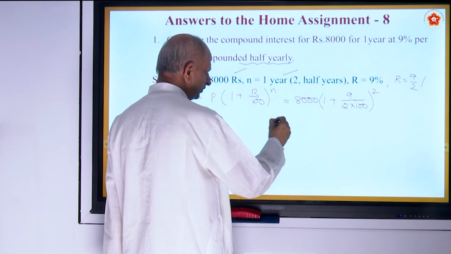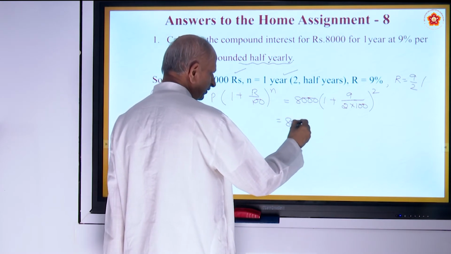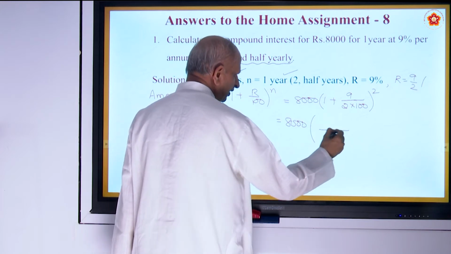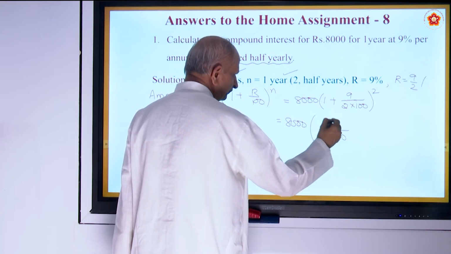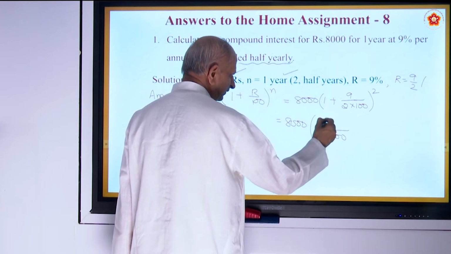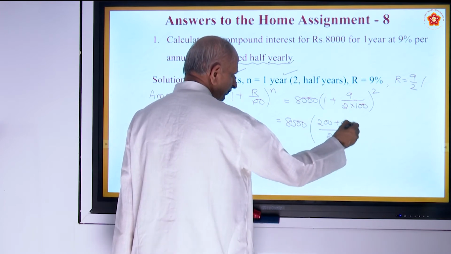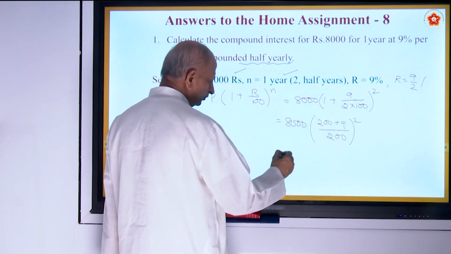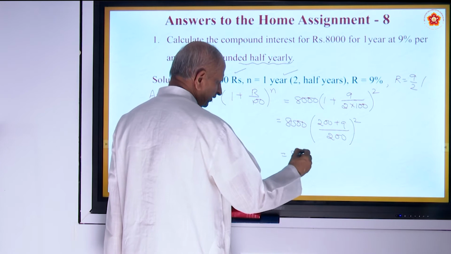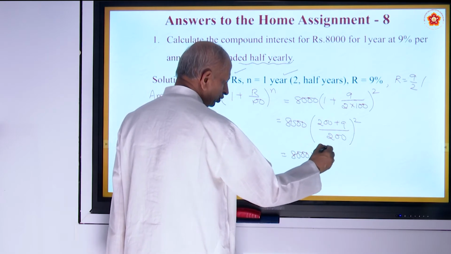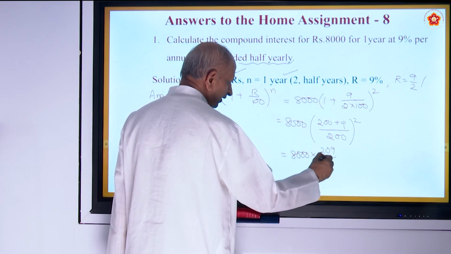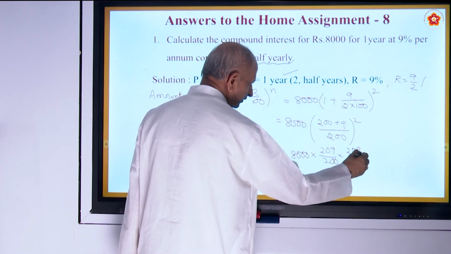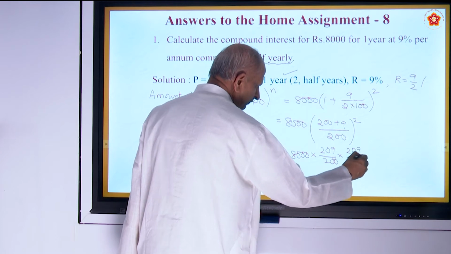So that will be equal to 8,000 into, if you take the LCM, that will be 200. Here you get 200 plus 9, whole square, and that will be equal to 8,000 into 209 by 200 into 209 by 200.